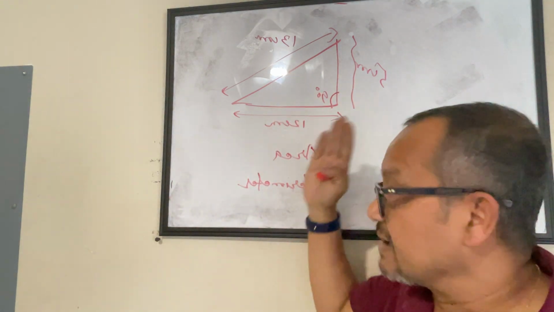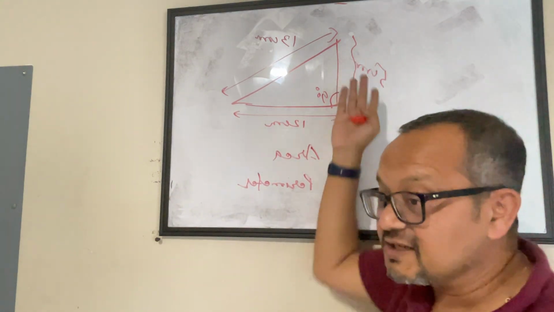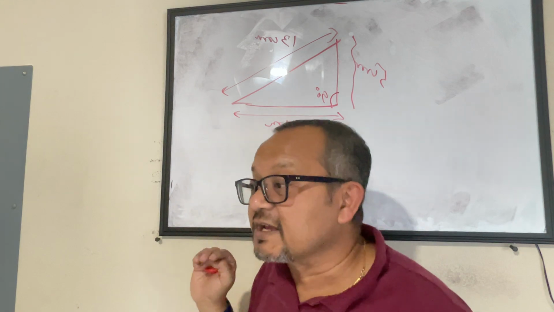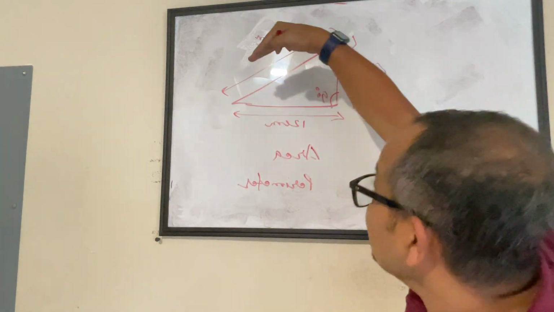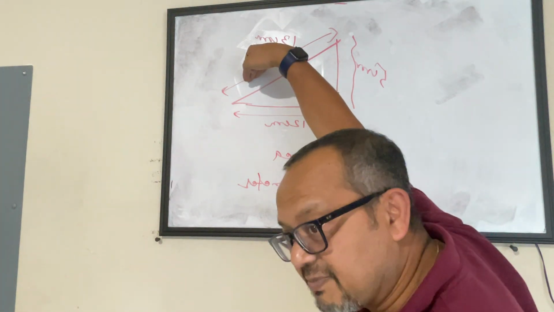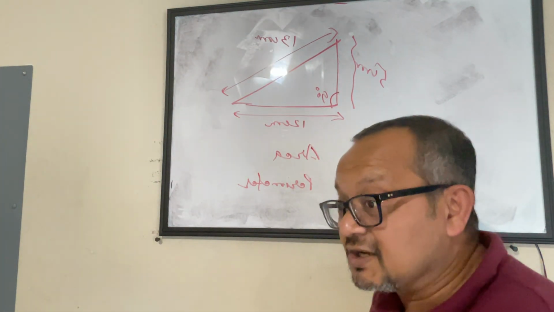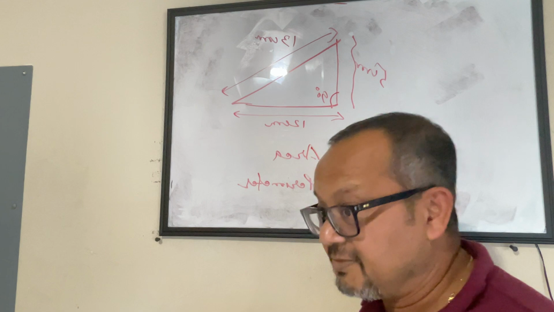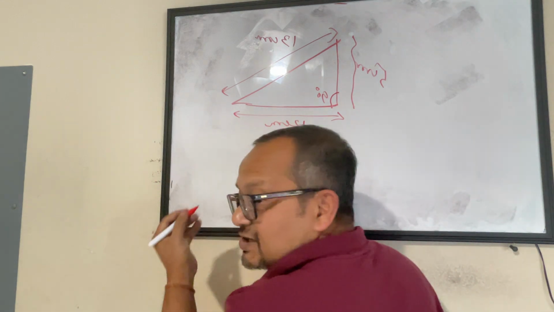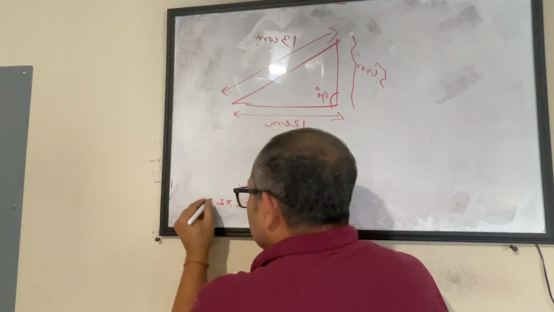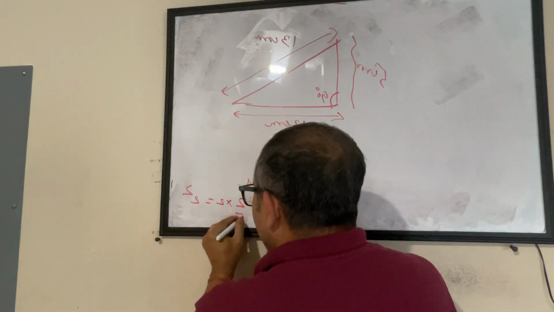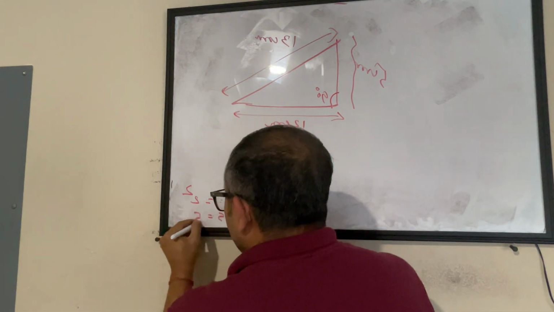Coming back to this point, instead of centimeters, let's say apples. 5 apples plus 12 apples is 17 apples, plus 13 apples, 30 apples. So 30 apples, not 30 apples square. What is square? When I say 2 into 2, that becomes 2 square. 5 into 5 becomes 5 square.